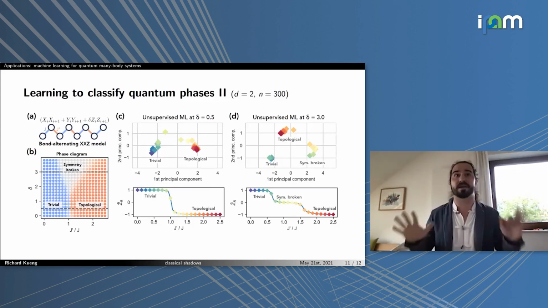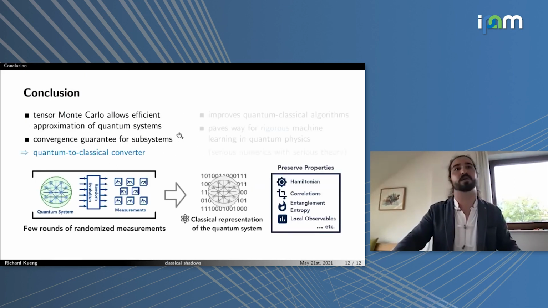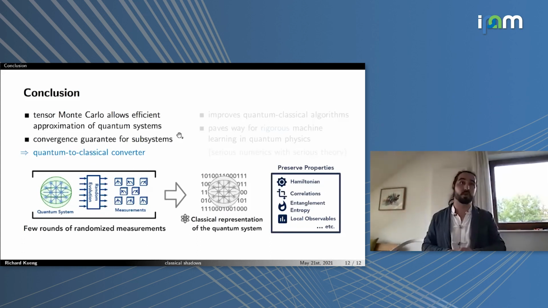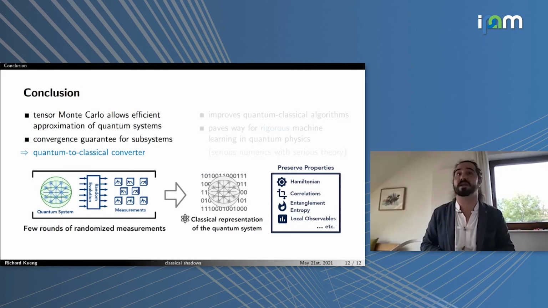And I'm very happy and excited to talk about these things more in the breakout session, because now I have to wrap up. And I just quickly want to conclude: I took you on a short journey where I started with something very simple, just tensor Monte Carlo techniques.